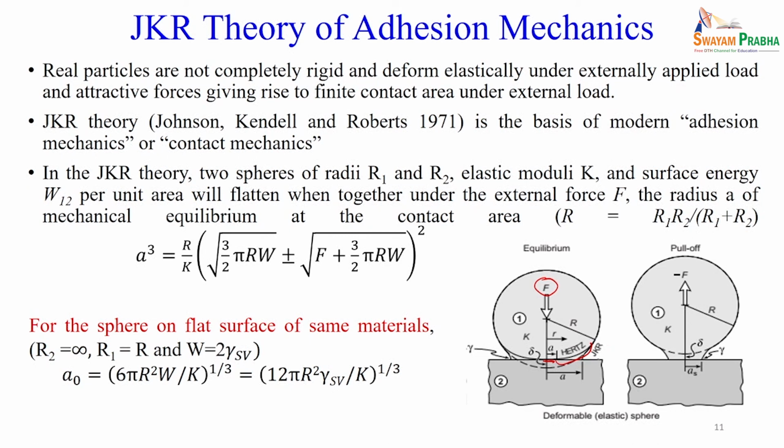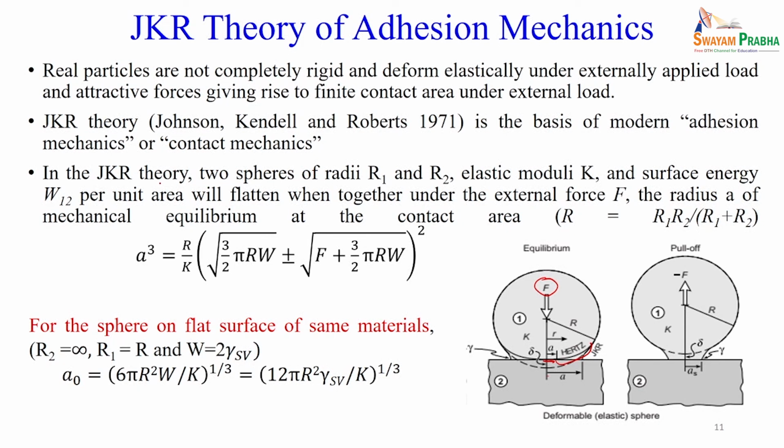So there are two things. JKR says it is completely deformed, so this will be the contact radius or contact length A, and in the case of Hertz the contact will be very much smaller. It says only partly it is touching the surface, mostly it is not adhering.